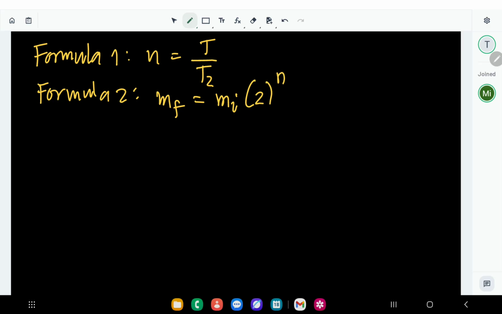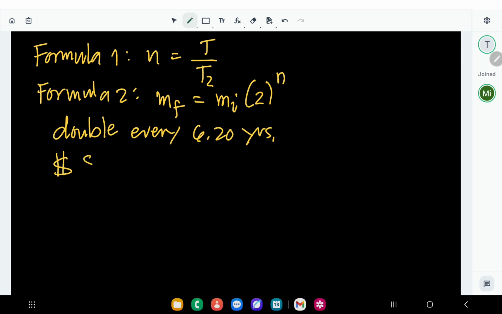You or your parents decide to plan your future. After doing research on your investment, you expect your rate of return to double every 6.20 years. If you or your parents were to invest $8,697.3, what would the initial $8,697.3 investment be worth in 40 years?